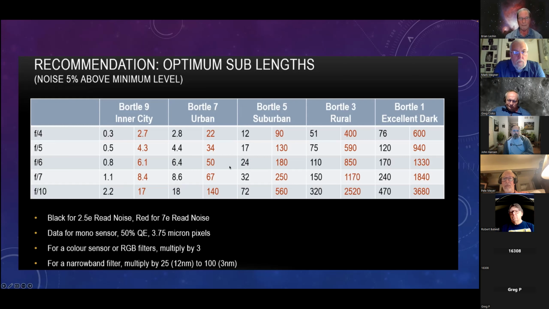If you have a color filter, you're up to about 75 seconds. And then if you have narrowband, look at this. If you're at 3 nanometer narrowband, what's that, 2400? So you're taking 10-minute subs, 10 to 15. That would be an optimal amount to get the best ratio of read noise to dynamic range.